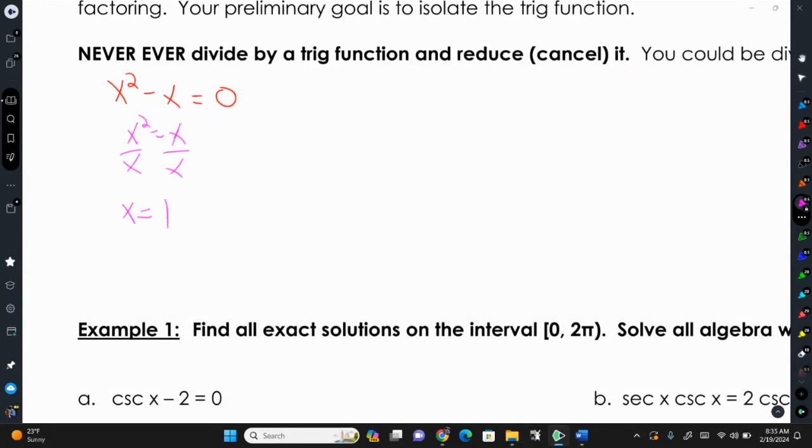And yes, that is a solution, but if we would have factored out a GCF instead, we now have two solutions, x equals 0 and x equals 1. So by dividing by x right here, we actually divided by 0, and that's not allowed, and we miss a solution. The same is true for trig functions. We're not going to divide both sides by a trig function. We're going to factor instead.